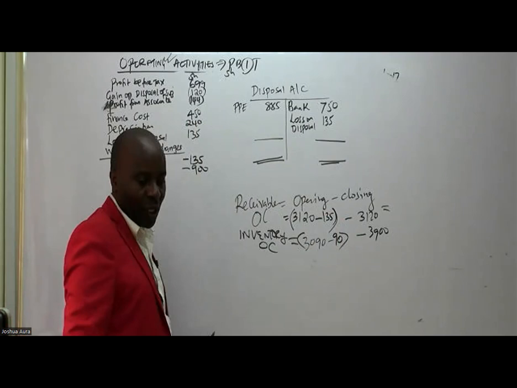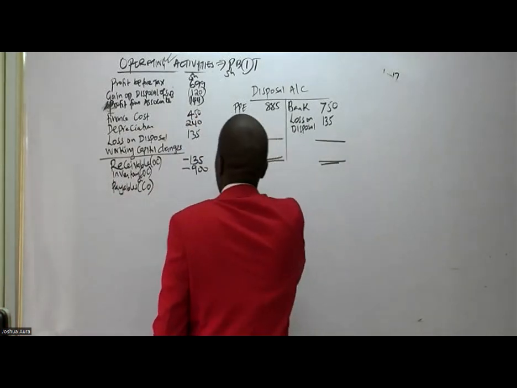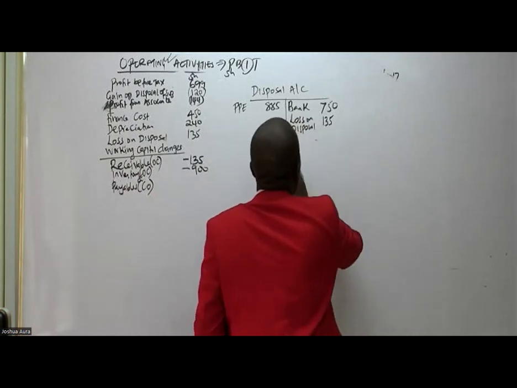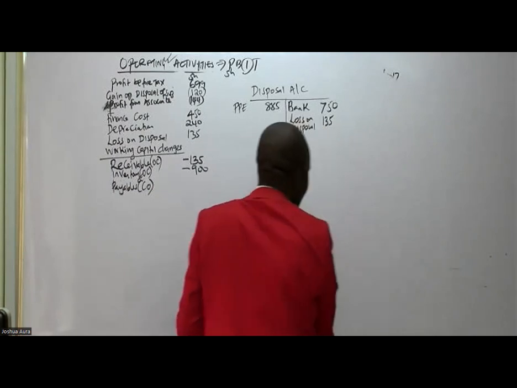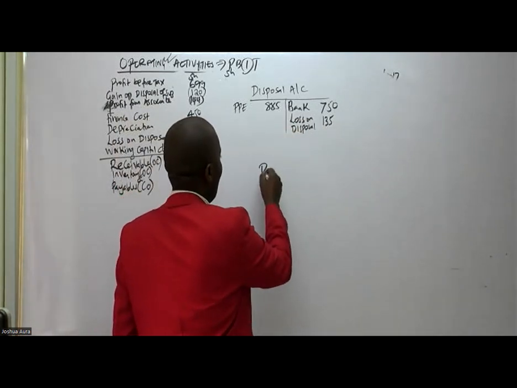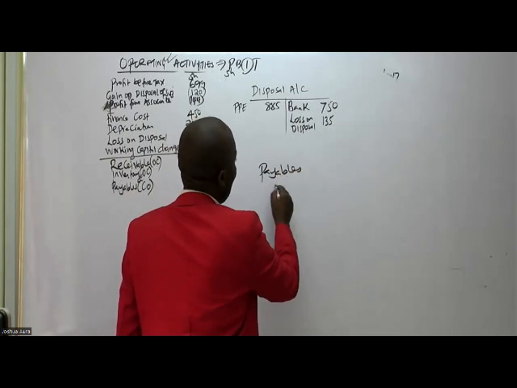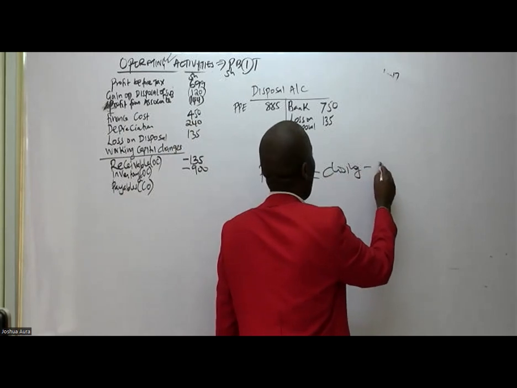Now from there we go to the last thing here, which is the payables. Remember, for payables, we are using the concept of CO. So it is closing minus opening.